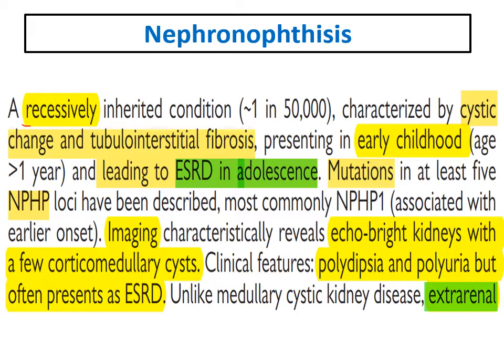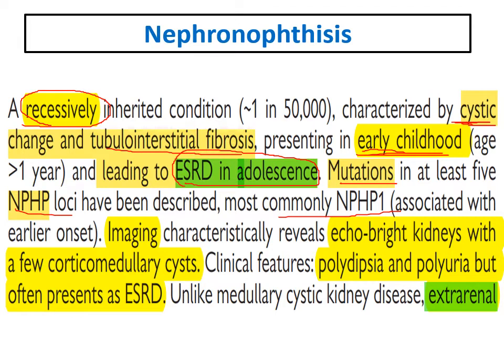Again, it is an autosomal recessive inheritance characterized by tubulointerstitial fibrosis and cysts. As we said, it is a cystic kidney disease. Its manifestations begin in early childhood, leading to end-stage renal disease in adolescence, due to mutations in nephronophthisis genes, especially the most common, nephronophthisis 1.